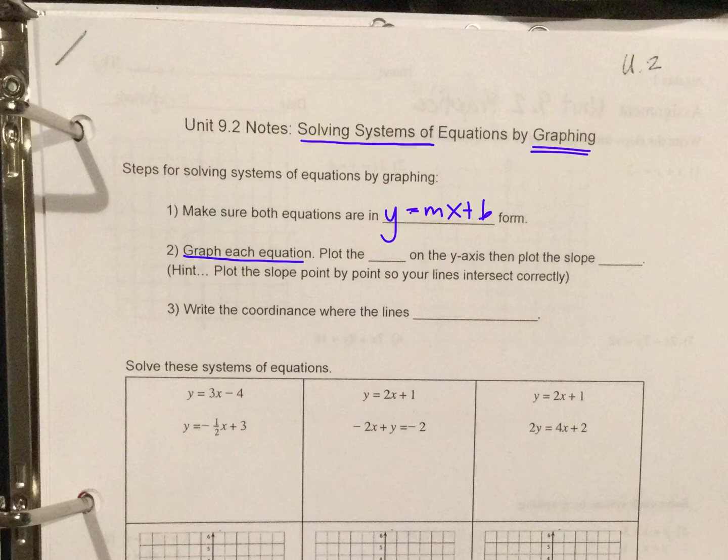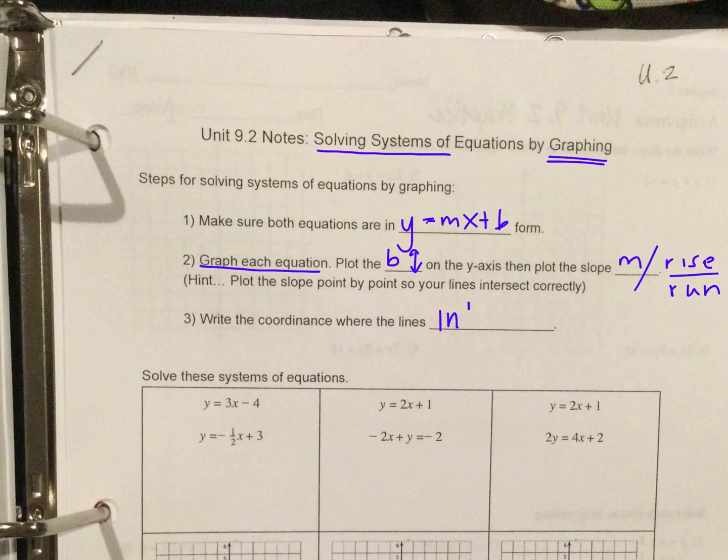You'll plot the b, that'll be our up and down part, on the y-axis, and then you'll plot our slope, which is our m, or our rise over run. And then you'll write the coordinates where the lines intersect. So let's do a couple examples so you can see what I'm trying to show you.